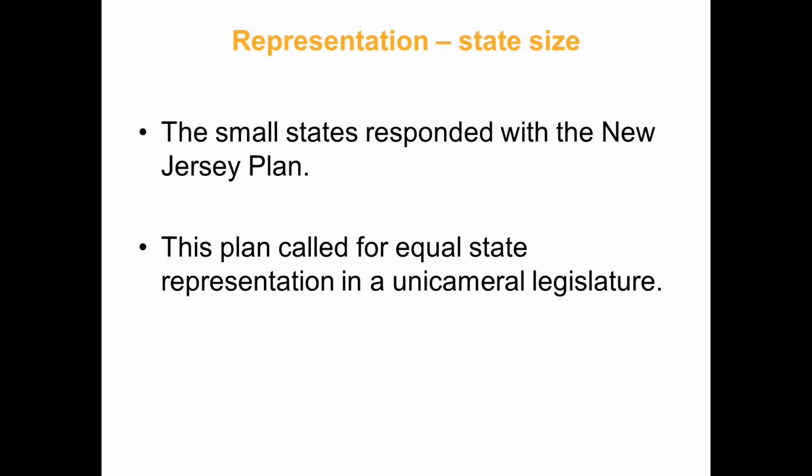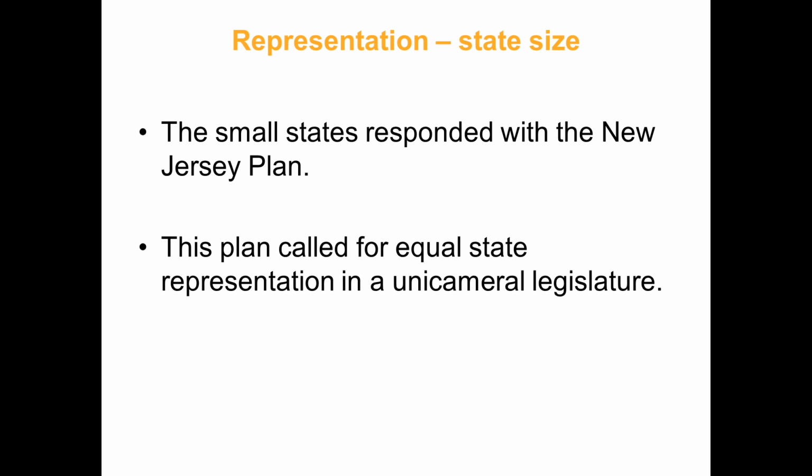Obviously, though, the smaller states don't really like this plan. A state like New Jersey thinks that the larger states are just going to use this to push their own interests, probably at the expense of the interests of the smaller states. So this isn't really a plan that works for them at all. As an alternative, you have the New Jersey plan, which called for a unicameral legislature, which would have been a Congress composed of only one chamber, and this plan wanted each state to have equal representation in this chamber, regardless of how many people were living in the state.